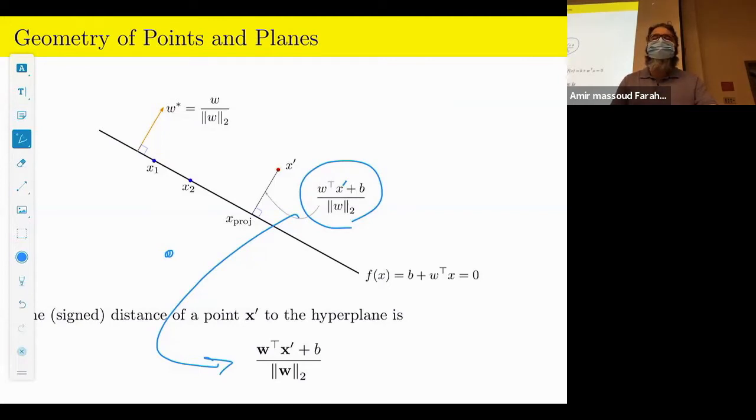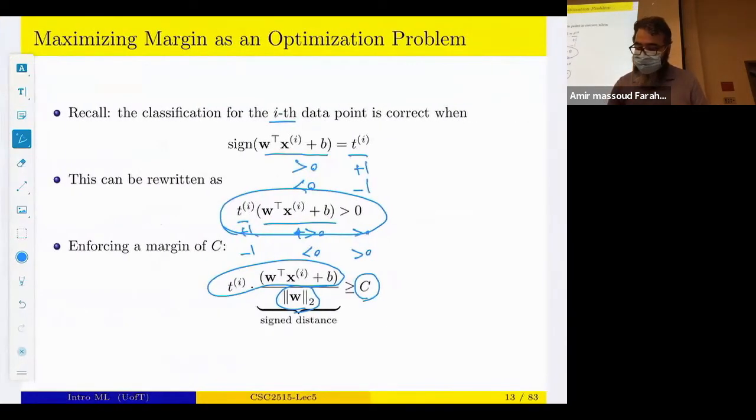Is it clear? If you believe that this is the equation of the distance of some point x prime to a plane, then what we have here is saying that we compute the distance, and the point should first be on the right side of the plane because of this multiplication by ti, and then the distance should be larger than c.